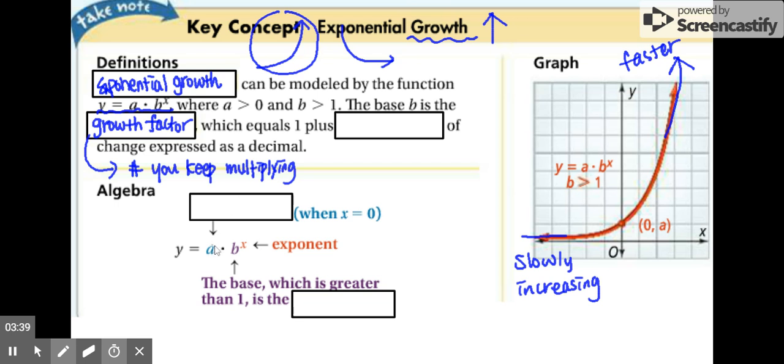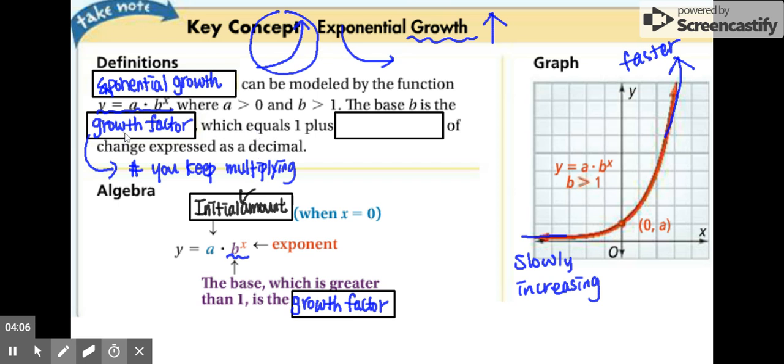So a, b, we already talked about this. This is the growth factor. Like b to the x power, you're multiplying this base x times. So the number you keep multiplying is the growth factor. And a is going to be the initial amount.